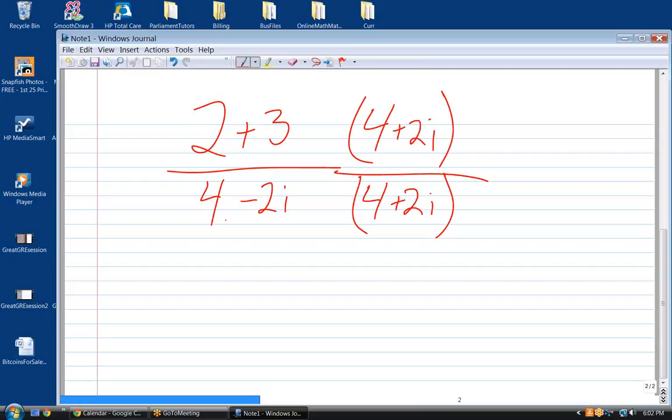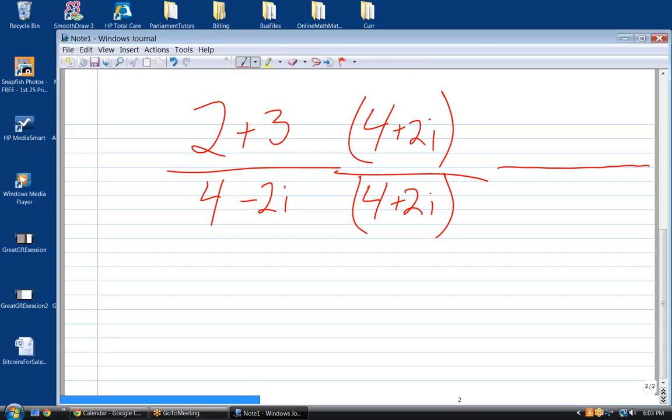And we use the denominator because that's where we're trying to get rid of the i. In other words, this is not a division problem. It's do whatever we have to do to get rid of i in the denominator. So what does the denominator become? If we multiply it across, it would be 16.